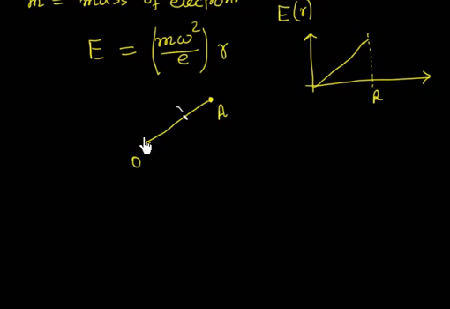If this length is r and I consider a small distance dr, the potential is given by E dot dl. Don't worry about the sign.